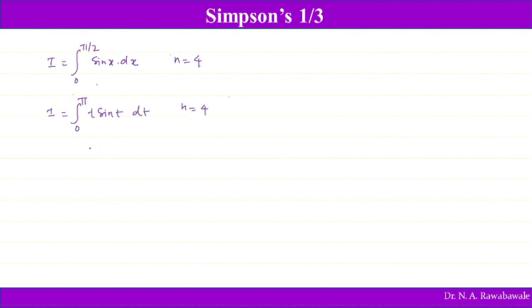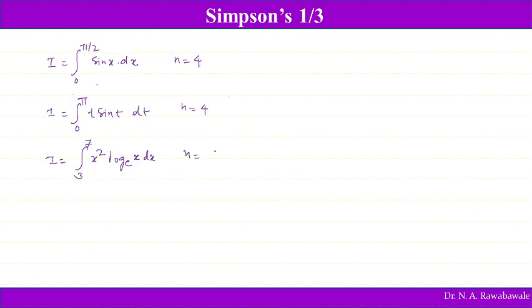Simplify this, as well as integration I is equal to integration from 3 to 7 of x square log to the base e x dx using Simpson's 1/3 rule with 4 segments, or multiple application of Simpson's 1/3 rule.